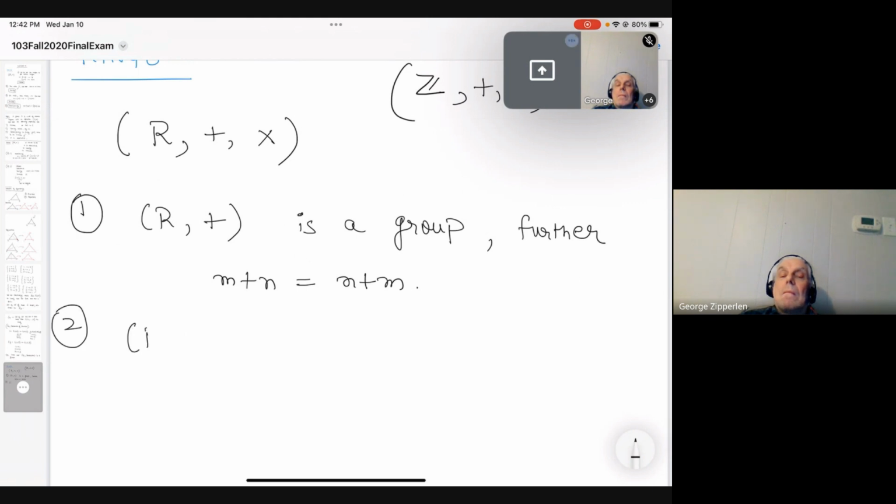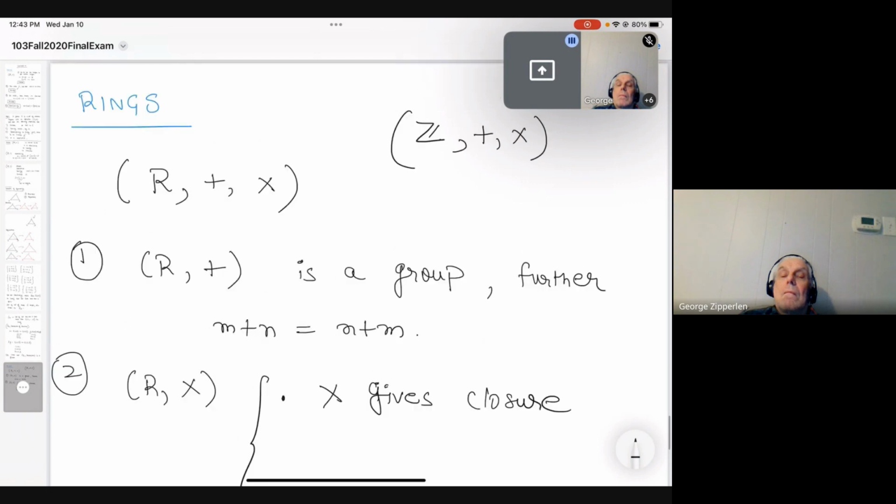If you look at R with respect to multiplication, this is not necessarily a group, but some properties of groups hold. This multiplication gives closure. If I take two elements and multiply them, I get back another element, like we had with integers.